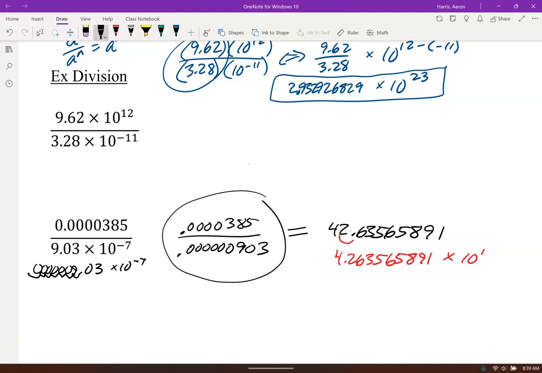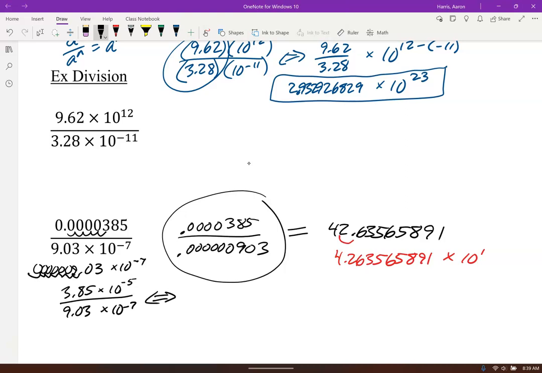Now let's check this and see how solid this is in our calculator. I'm going to put the first one in scientific notation: 3.85 times 10 to the negative 5. The bottom is 9.03 times 10 to the negative 7.